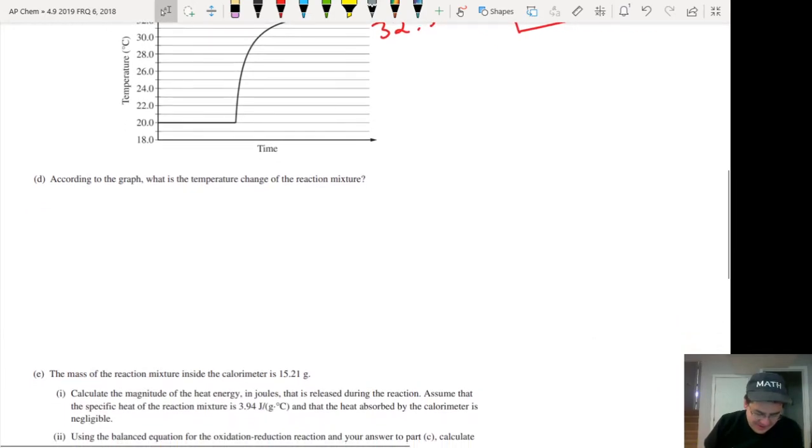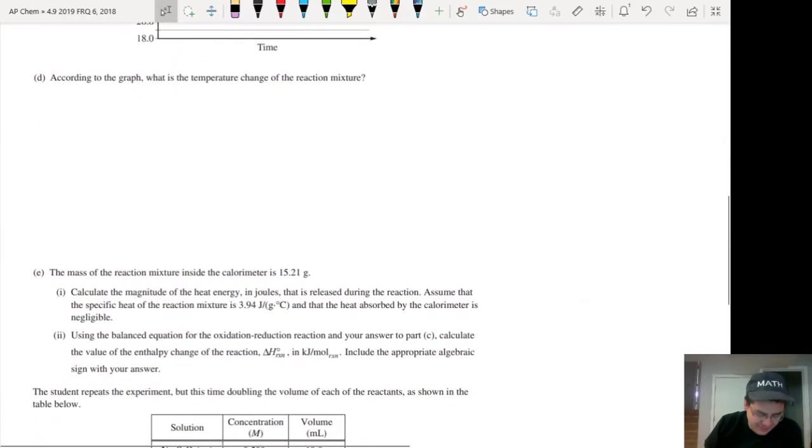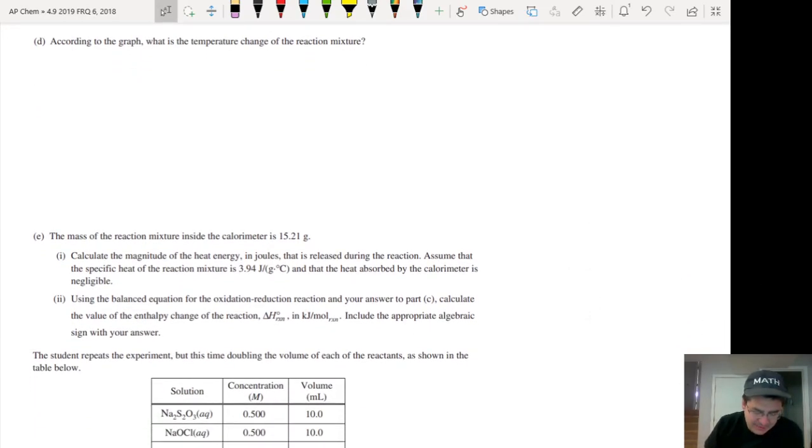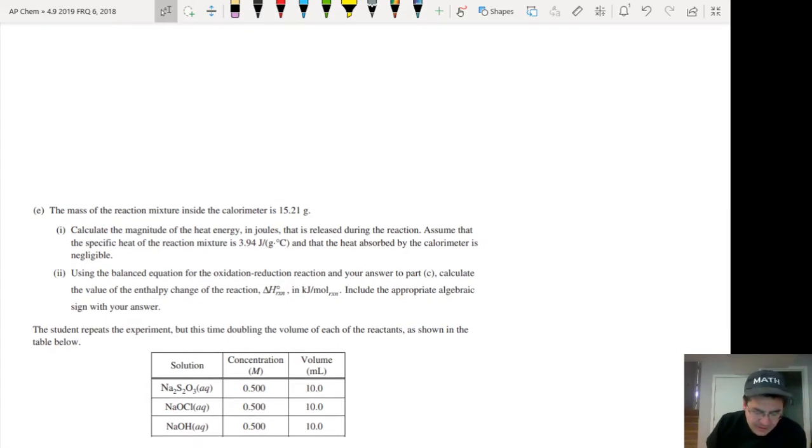Part E says the mass of the reaction mixture inside the calorimeter is 15.21 grams. Okay, so calculate the magnitude of the heat energy in joules released during the reaction. You guys remember the heat equation? We mentioned it a couple days ago, I think. q = mcΔT. Yep.